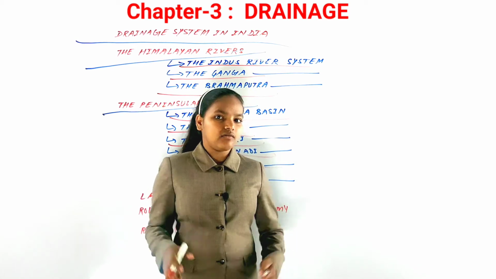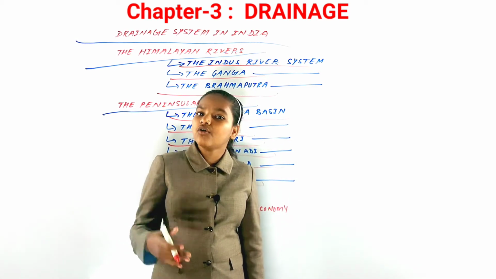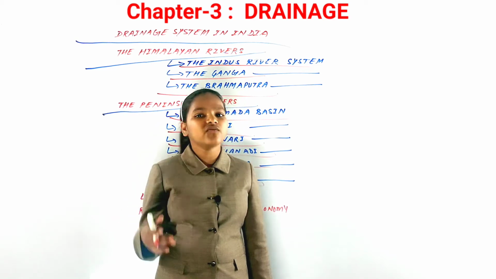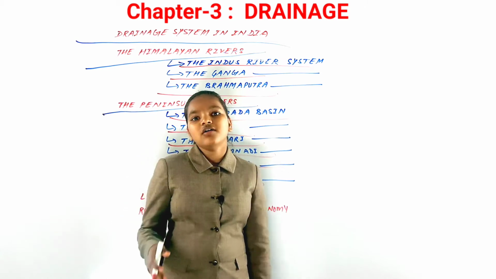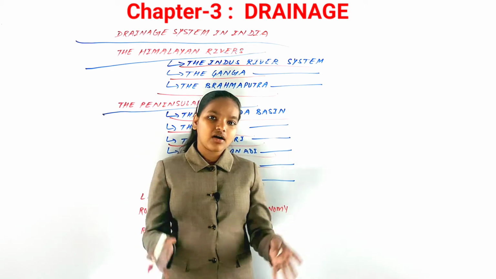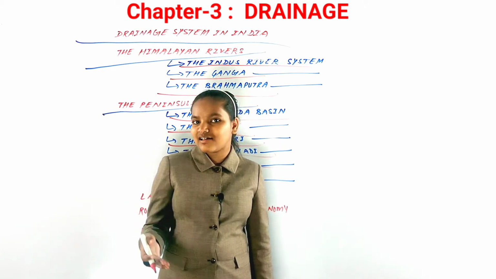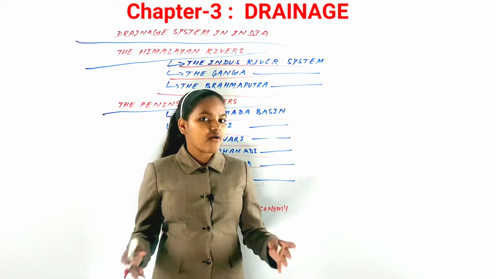Just look at the Ganga River. If you look at the Ganga River, you would know that there are more than 50 tributaries of Ganga. So you could say that there are many rivers in our country, small and large, that are the lifeline of our country.